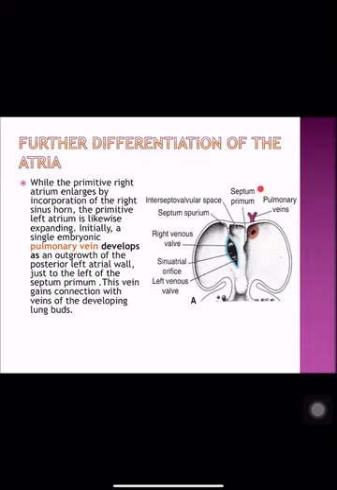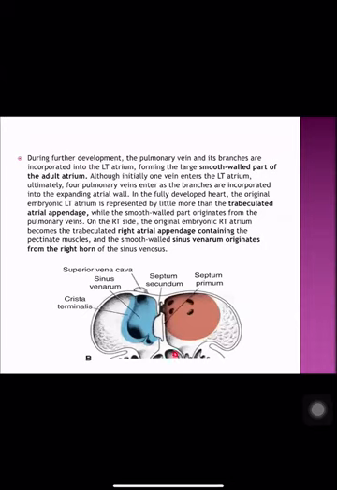Now, with the further differentiation, there will be 4 pulmonary veins incorporated into the wall of the left atrium instead of 1 vein. And this will lead to the formation of the smooth wall of the left atrium.